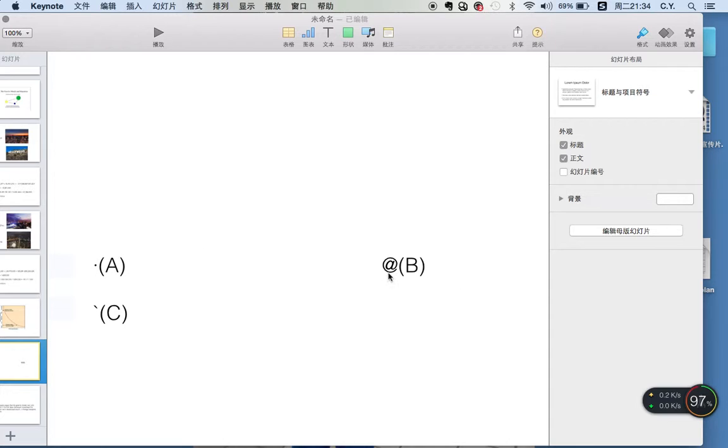Let me introduce another example. We can see this is point A, a small dot, city A, and city C, also a small dot, and city B, a huge city.